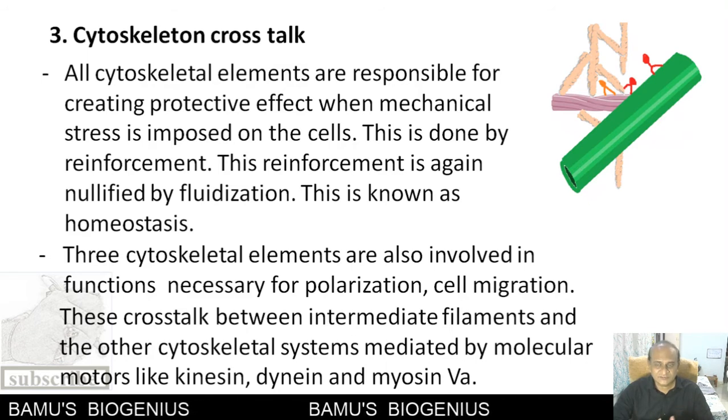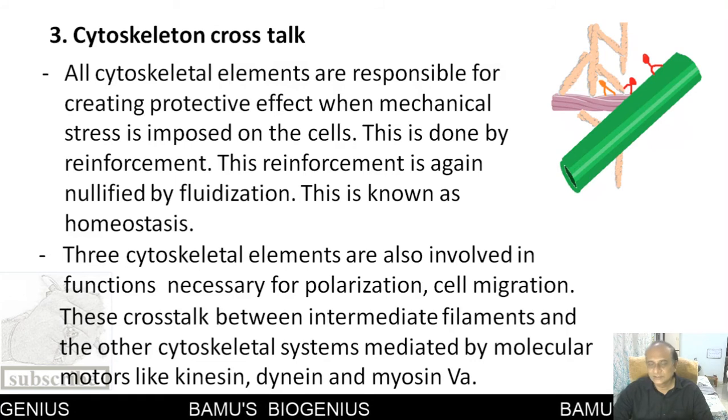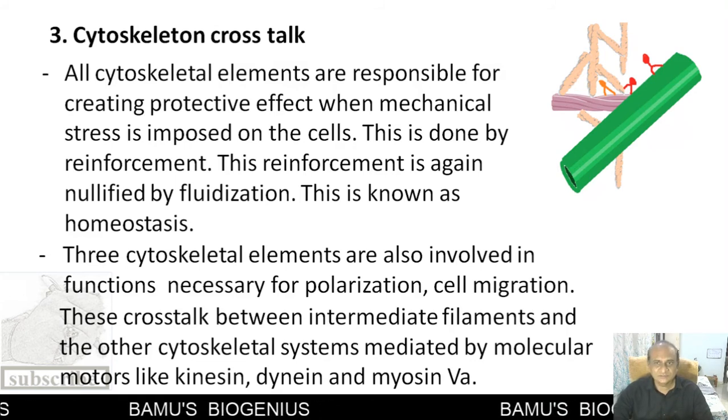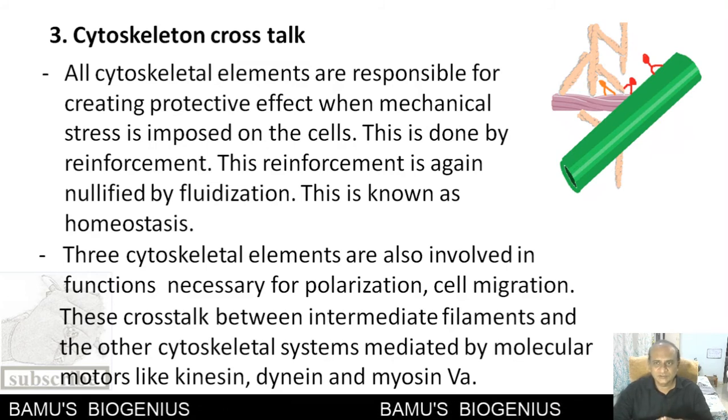Now sometimes this reinforcement is also difficult for cells which undergo constant stretch and relaxation. For example, heart muscle cells constantly undergo stretching and mechanical stress, and again they relax.